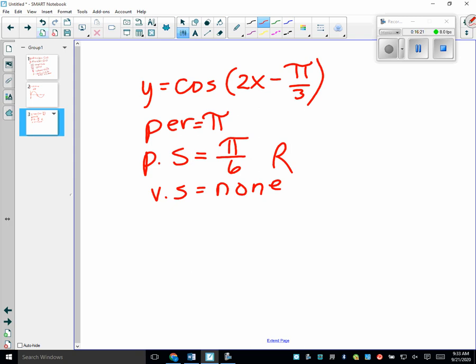So, everybody have it in? Okay, type the equation. Now, it's a cosine graph, so normally it starts at the top, doesn't it? It doesn't start at the top, though, does it? Do you know why? Because we shifted it.